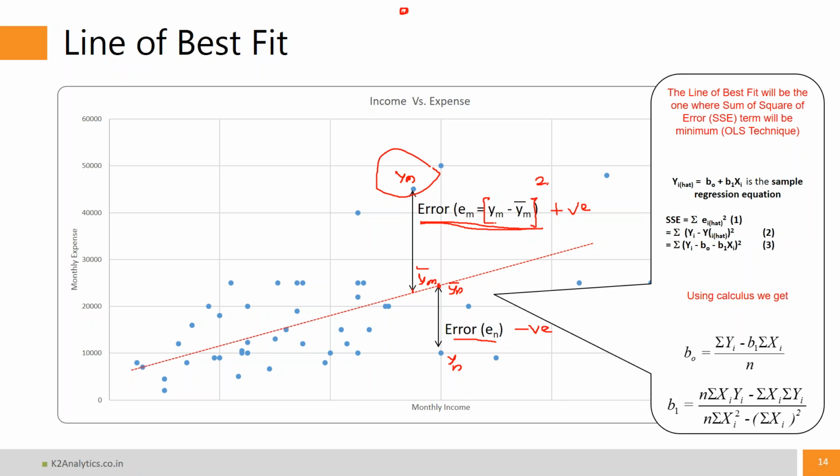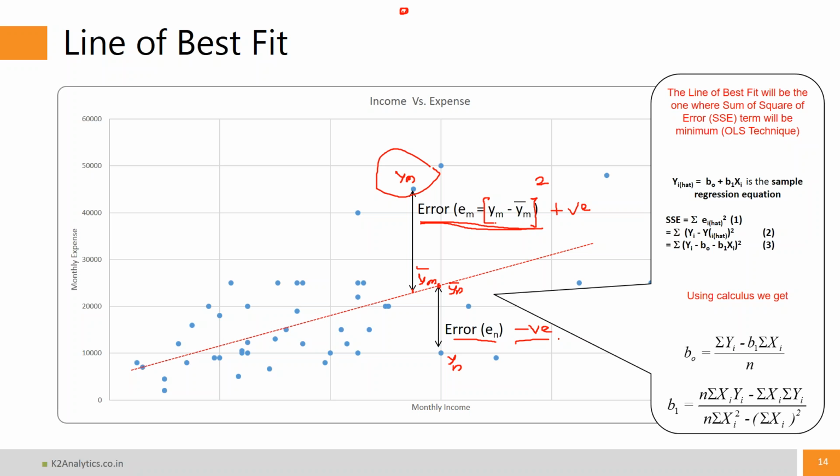The moment you square the values, negative 1 squared is 1. So all of these error terms which are on the negative side and on the positive side, the moment you square them, they will become positive, and then you add them. Now your objective is to have a line of best fit which minimizes this summation of error squares.